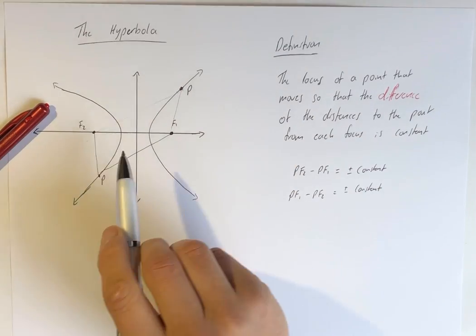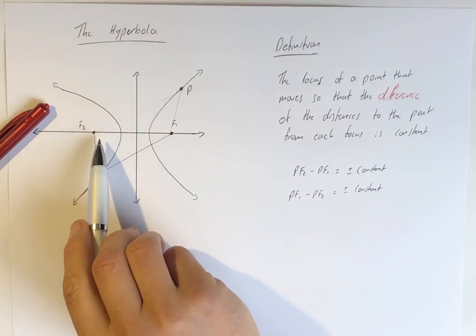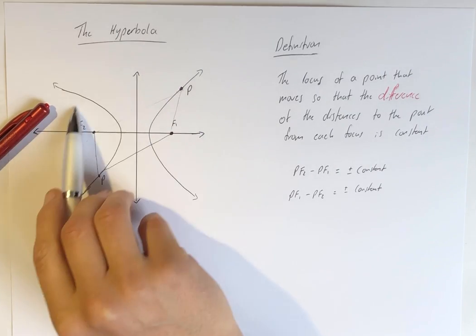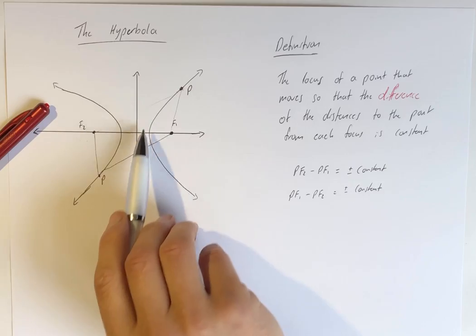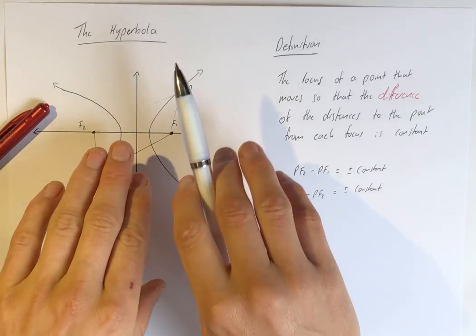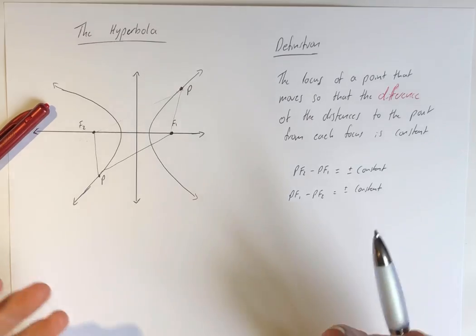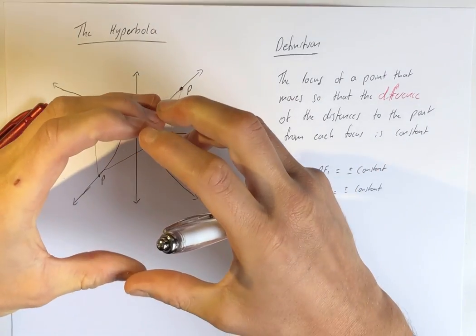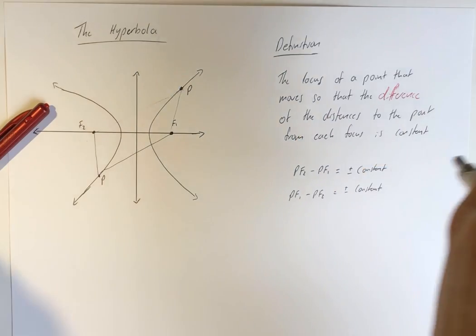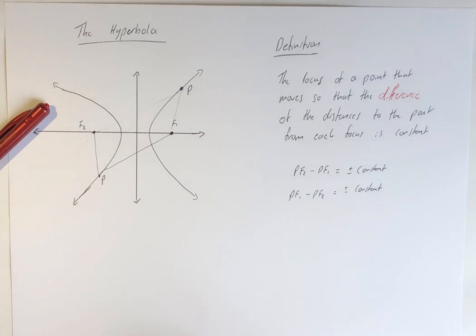Now remember that for the ellipse, the sum of those two distances was constant, and then it gave us an ellipse. Well, the hyperbola is like the inverse of that, and I like to think about it as the ellipse being turned inside out, and is now everything shooting off that way.